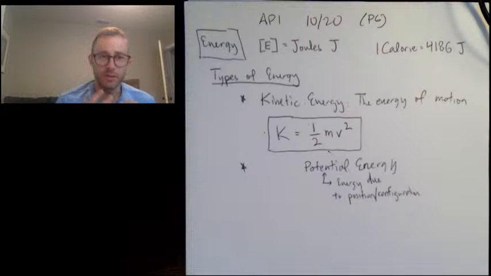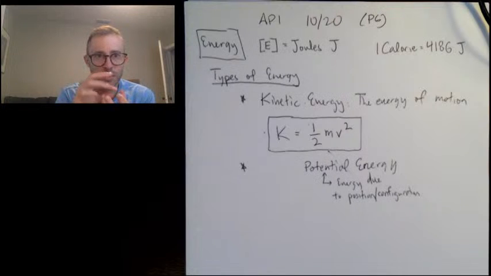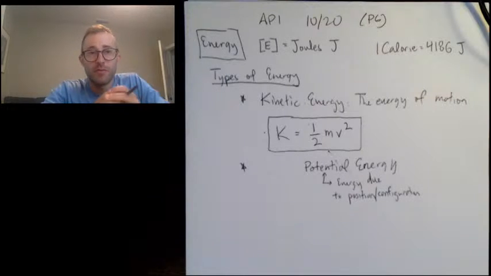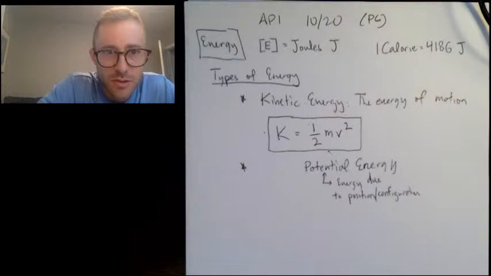For example, there is chemical potential energy, which is the energy due to the configuration of molecules. So gasoline, for example, has chemical potential energy. The configuration of those gasoline molecules gives it energy. Food has chemical potential energy.